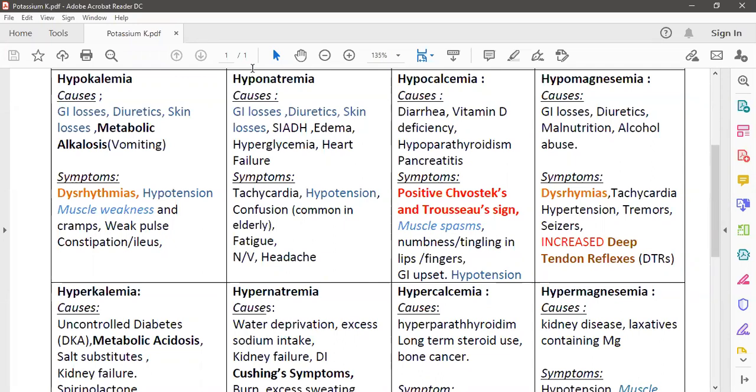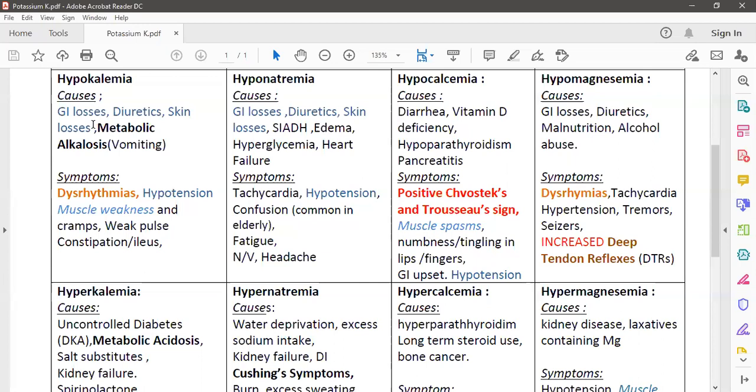If your patient has hypokalemia, what are the common signs and symptoms? Common signs and symptoms are dysrhythmias, meaning the heartbeat is not normal, and hypotension. When fluid is lost, blood volume is lost, and blood pressure goes down, which is called hypotension.